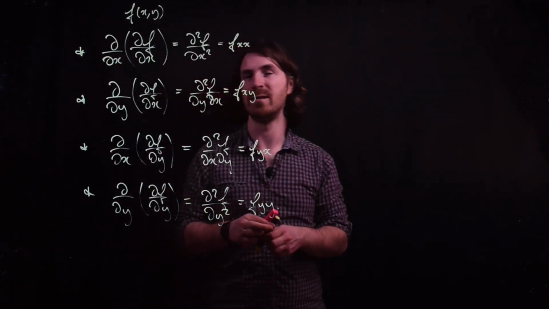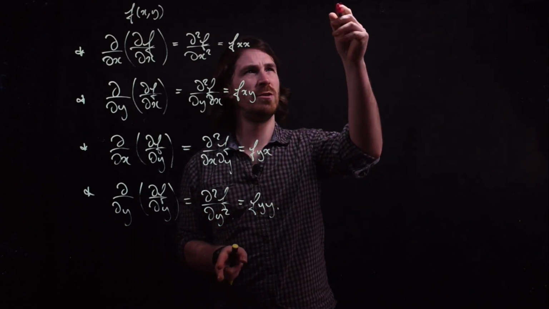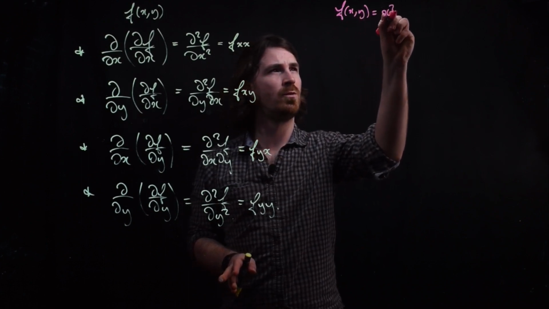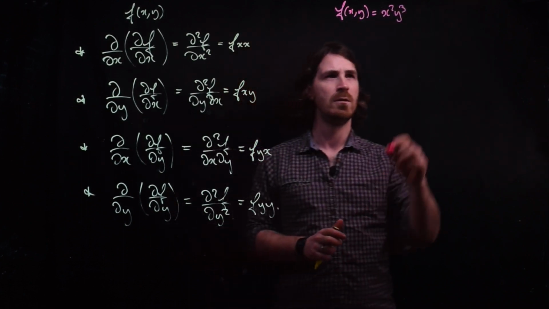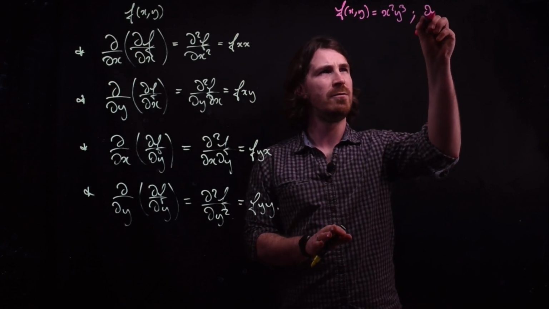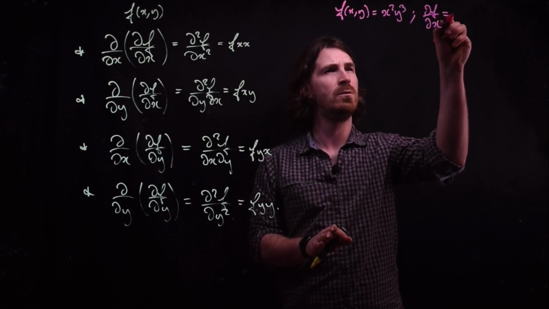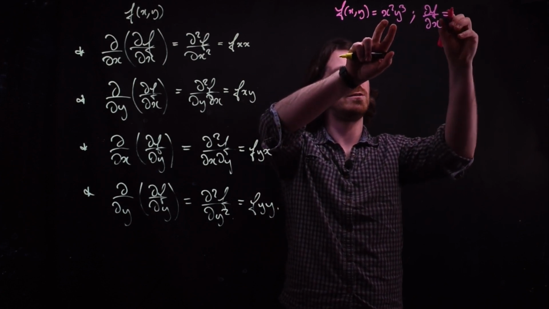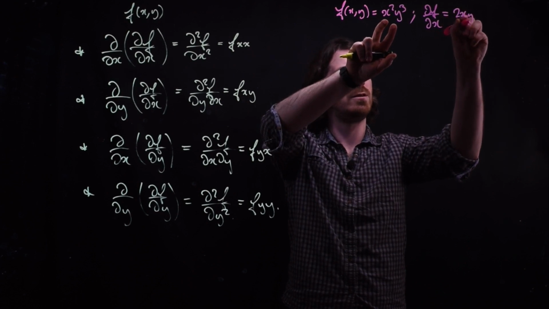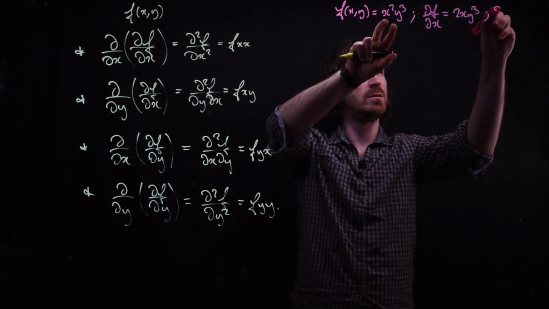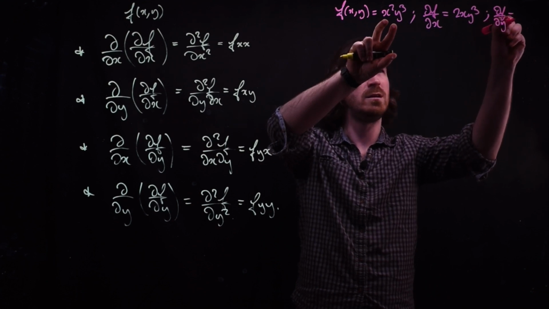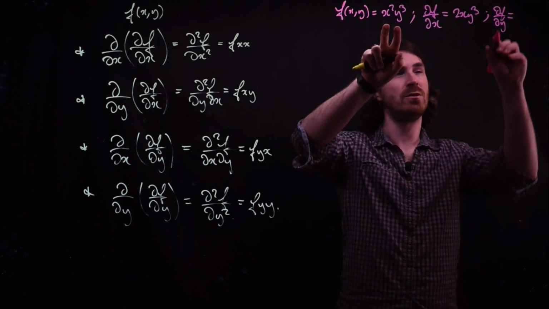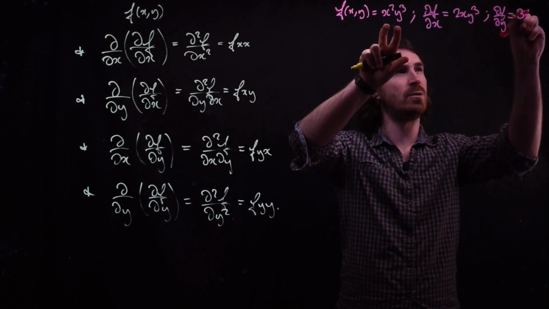Let's think about an example. Let's think about the function f of x, y equals x squared y cubed. We know that df by dx is the derivative of this, holding y constant, so it's 2xy cubed. We know that df by dy is, differentiating with respect to y holding x constant, 3x squared y squared.